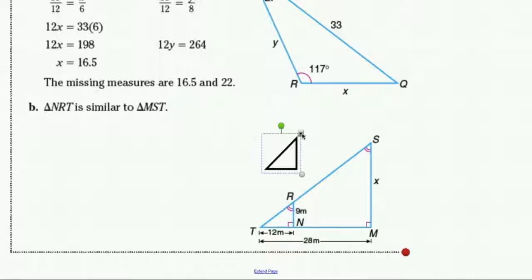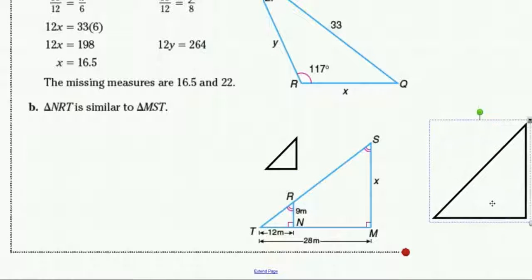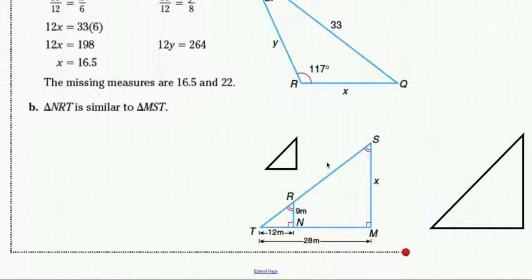Okay, and let me clone that thing, and then we'll make one bigger. That'll be your bigger triangle right there, and bring this one closer here.